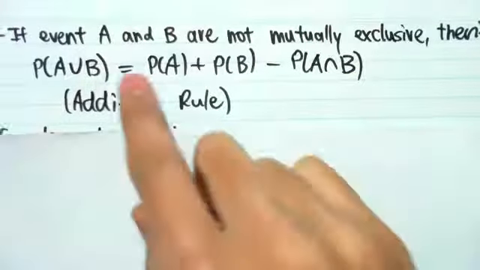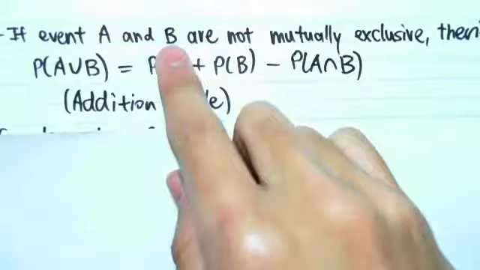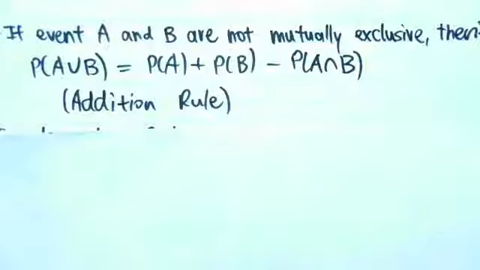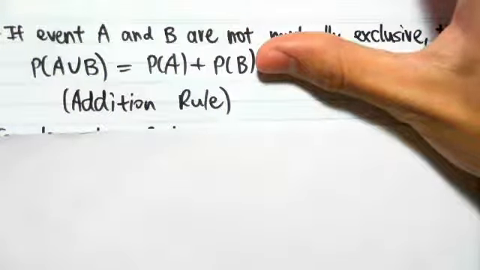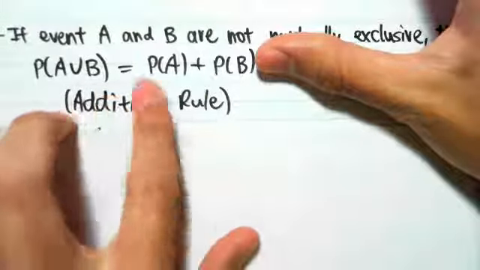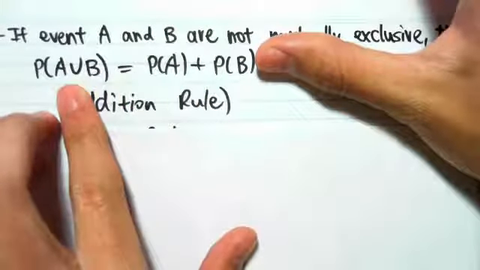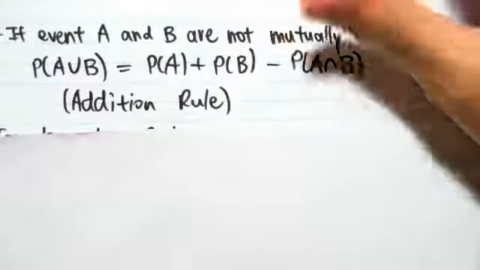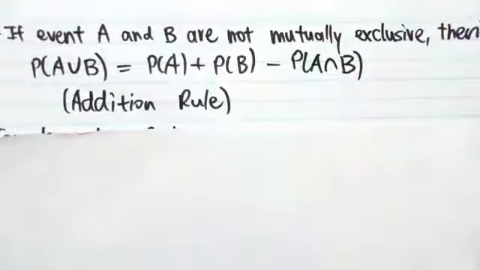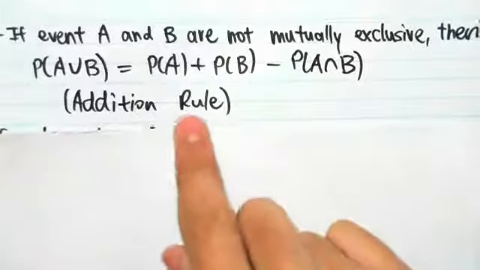This is the equation that we use if events A and B are not mutually exclusive. Now, if events A and B are mutually exclusive, that means that this last term disappears, and the equation just becomes like this: P of A union B is equal to P of A plus P of B. And if it's not mutually exclusive, this is the formula for it. And this is called the addition rule.